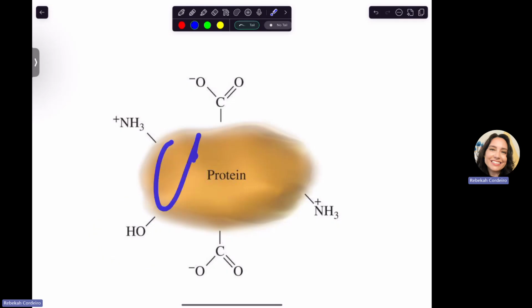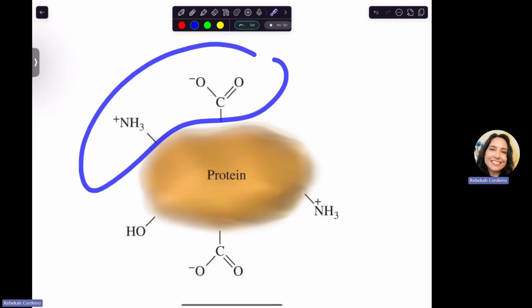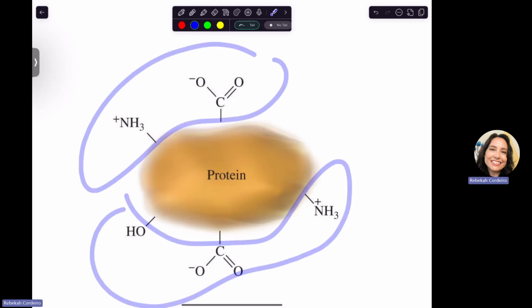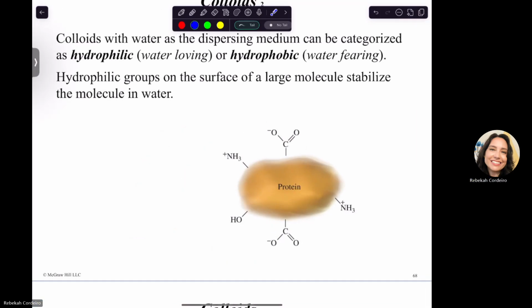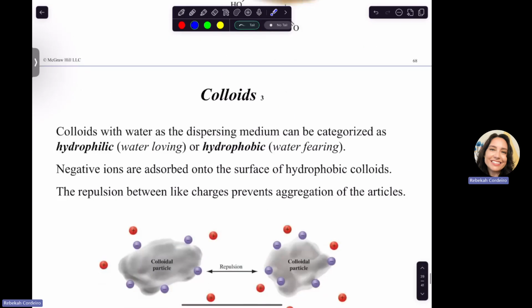So maybe this protein has a bunch of nonpolar stuff in it and wouldn't really be transported in your blood very well, because your blood is mostly water. But because we have these hydrophilic groups on the outside, now the protein can interact with things that have water in them. It allows the molecules to be in water without totally breaking down.